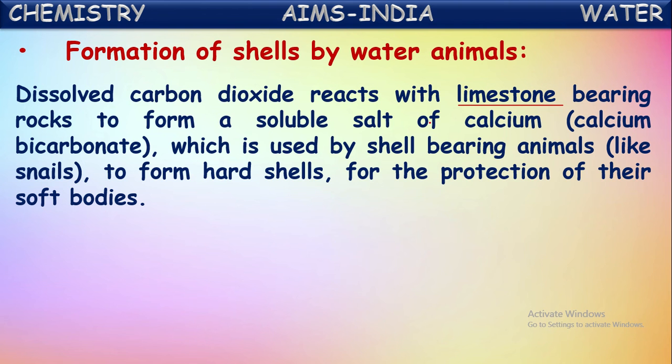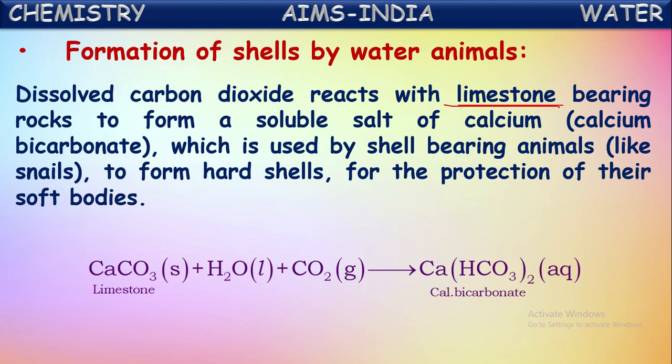While explaining the test for carbon dioxide, we say the carbon dioxide gas turns lime water milky. That milky layer is because of limestone. Limestone is insoluble in water. So this is the reaction.